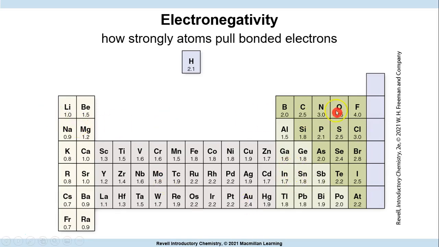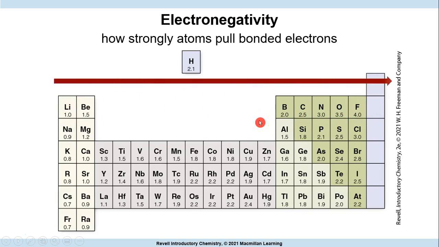And here, when you look at this periodic table, you see the electronegativity values here. For lithium is 1, for beryllium is 1.5, for boron is 2, for carbon is 2.5, for nitrogen is 3, for oxygen is 3.5, for fluorine is 4. So what do you notice here? You see that the electronegativity increases across the periods from left to right.